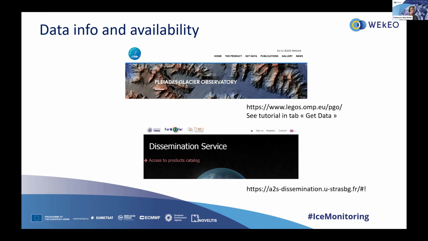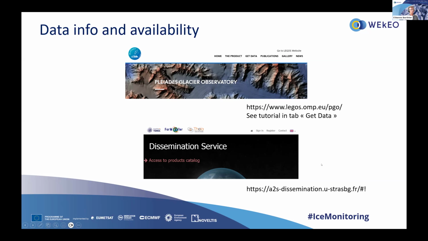And we also advertise publications coming from the community and make a gallery of different products. When we have new nice images or new nice results, we post them on the website. And so this is the main site to visit, and especially a tutorial to get access to the data.